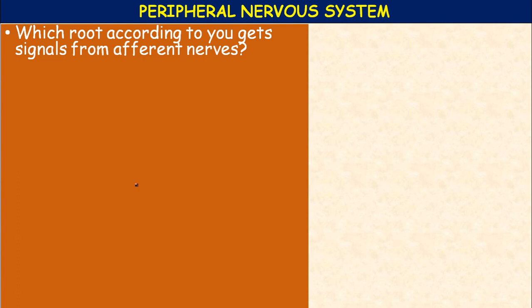So the signals in the form of electrical signals from the receptors. Receptors carry the stimuli in the form of electrical impulses by means of afferent nerves into the spinal cord.